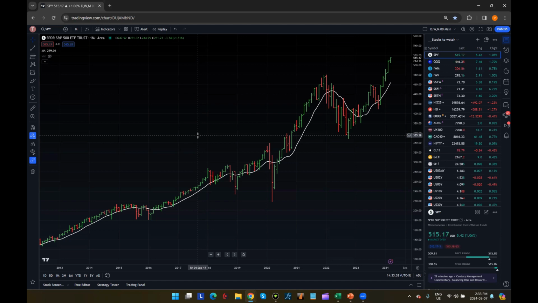So before I get started, this works with anything, whether it's individual stocks, an index like the S&P 500 or the NASDAQ 100, etc., forex, crypto, anything you can chart on. It's based on simple technical analysis.